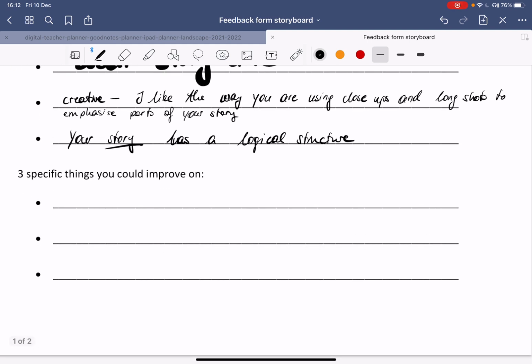And for the specific things they can improve on, I'm going to say one thing that is quite important. When you're trying to give feedback, always try to phrase it positively instead of negatively. So instead of writing, "you didn't involve any maths," I suggest you write, "make sure to involve maths in your story."